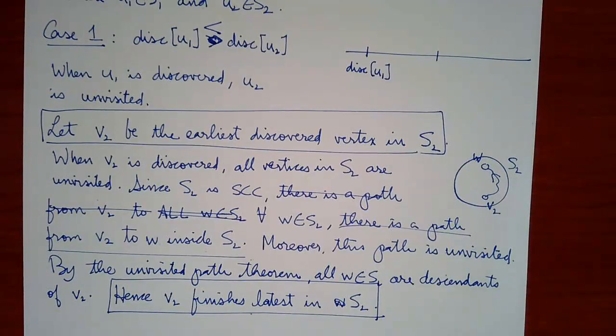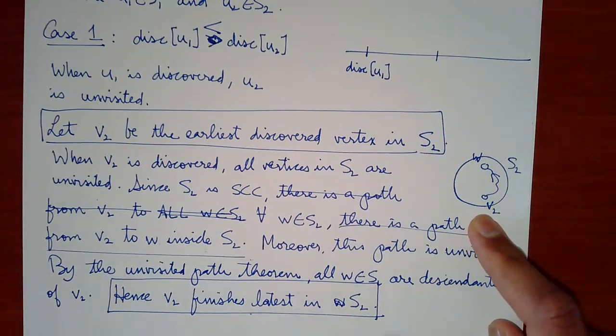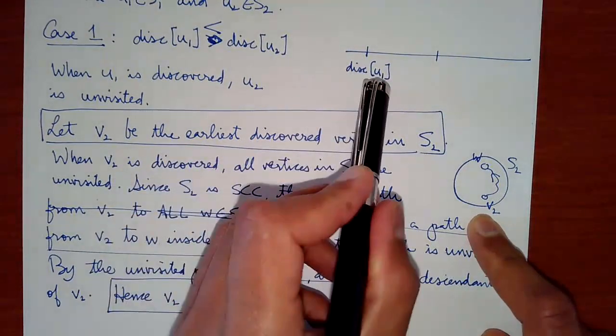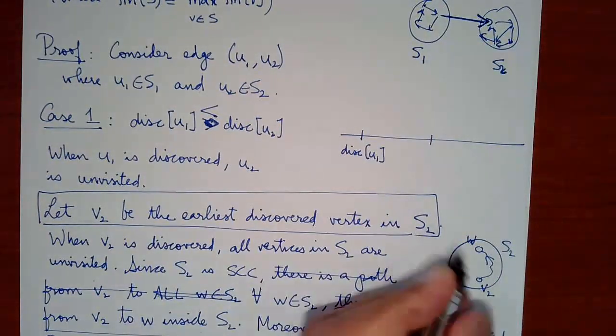Is this to say that because there exists some edge from S1 to S2, and the edge in S2 completes before the one in S1, we can conclusively say that because V2 finishes last in all of S2, then S1 must finish after S2? You have to be a little careful here, right? Because V2 may not have a connection to U1. Remember, U1, U2 is the edge that we have. So U2 might be somewhere here.